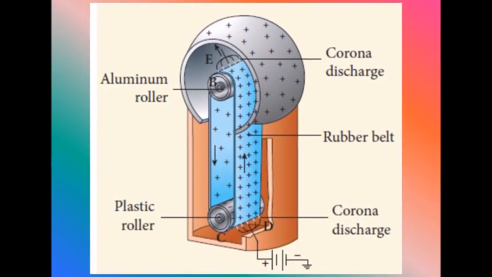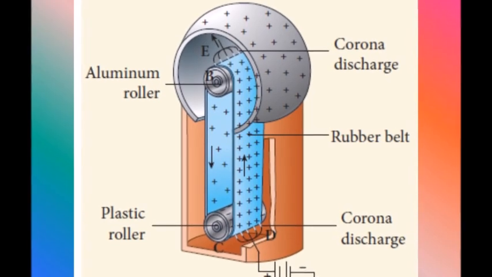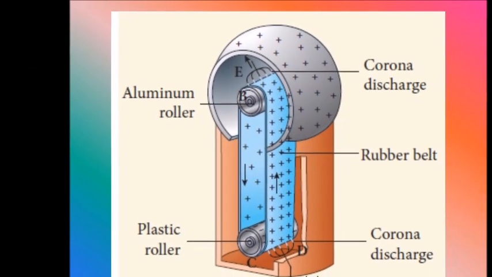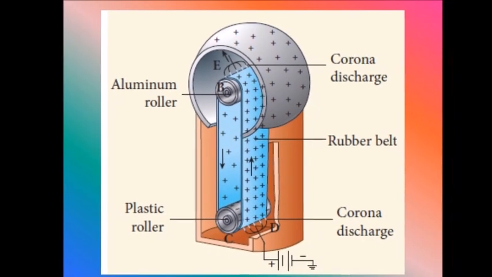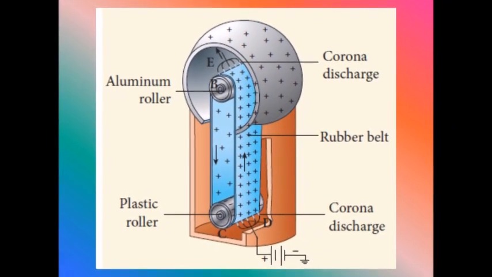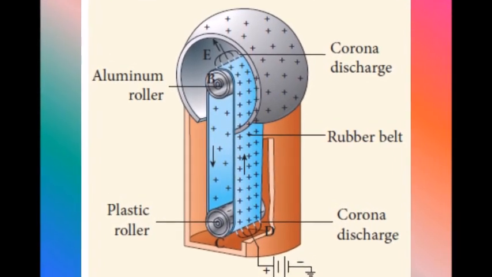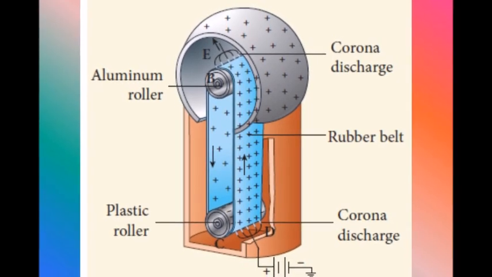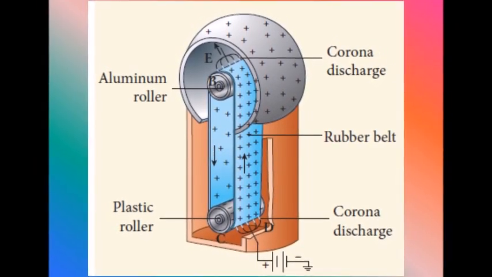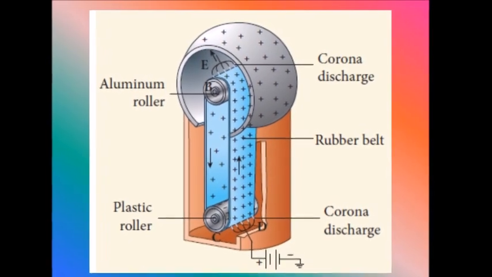The belt goes up and delivers the positive charges to the outer surface of the sphere. This process continues until the outer surface produces a potential difference of the order of 10 power 7 volt, which is the limiting value. We cannot store charges beyond this limit since the extra charge starts leaking to the surroundings due to ionization of air.